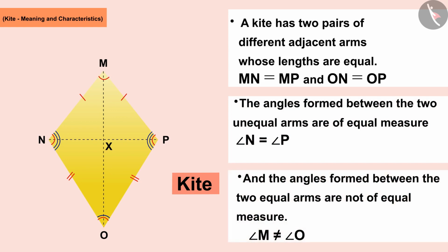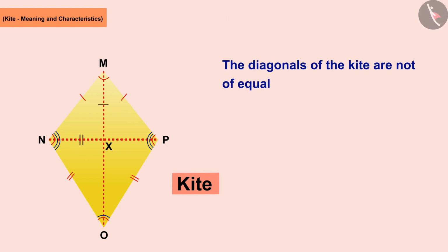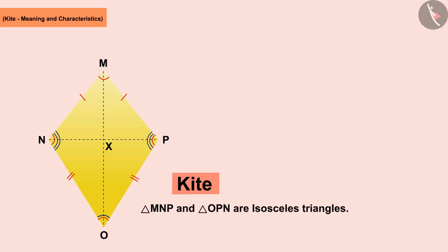Let us discuss one more important fact. You can see that both the diagonals of kite are not of equal measure. Now, if we look at the triangles MNP and OPN, we can see that both these triangles are isosceles triangles, because each triangle has 2 sides of equal measure.